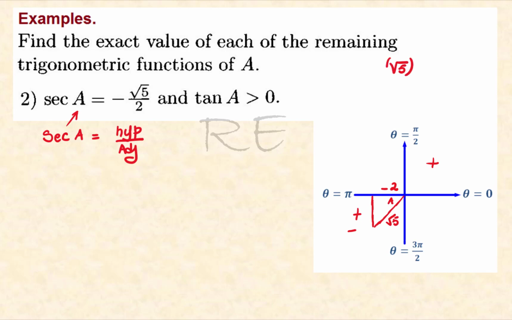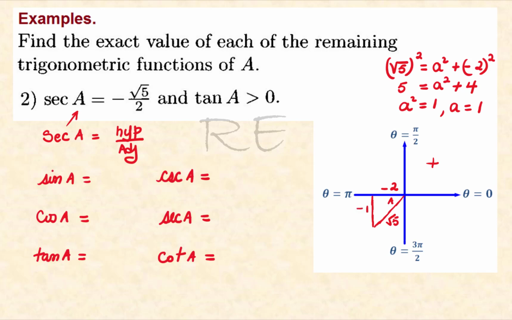To find the missing side, we're going to do square root of 5 squared is equal to A squared plus negative 2 squared. And when we solve it, we get A is equal to 1, which is really negative 1 because it's a third quadrant angle.